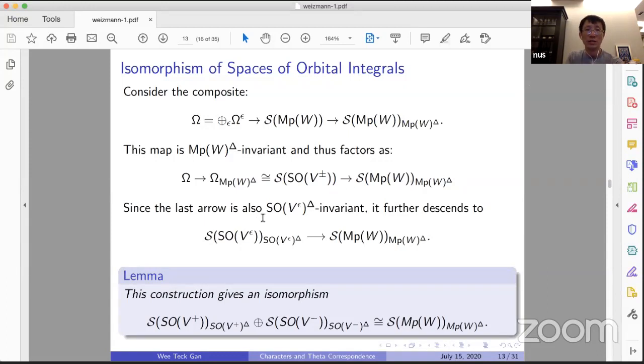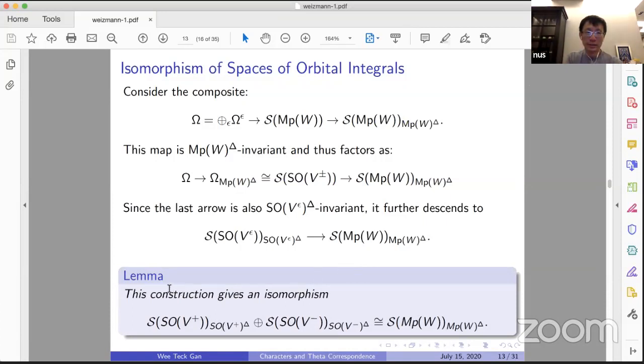Moreover, this arrow is still SO diagonal invariant, because originally this first arrow P was invariant under SO diagonal. So it also factors further, and we get a map from the space of orbital integrals on SO to the space of orbital integrals on MP.